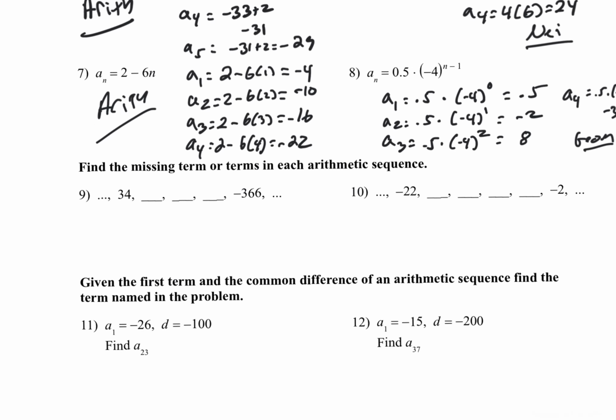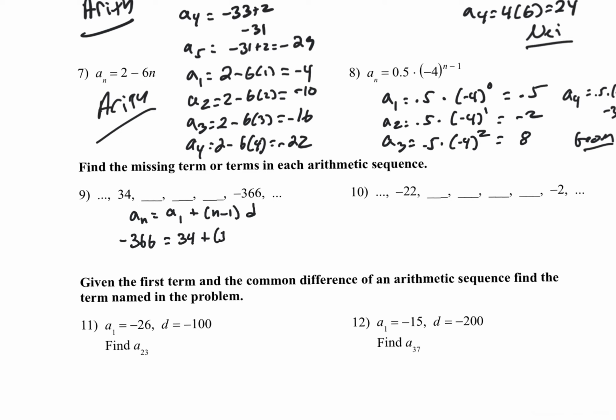Number 9, find the missing term. So it's an arithmetic sequence. So we're going to use a sub n is equal to a sub 1 plus n minus 1 times d. We know the first term, and we know a sub n. We know the value of our last term is negative 366. And the first term is going to equal 34.